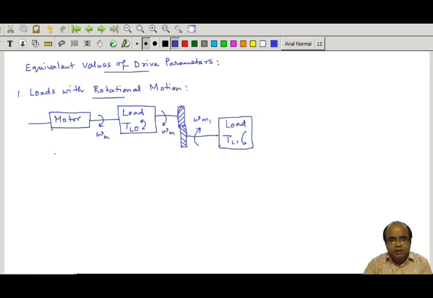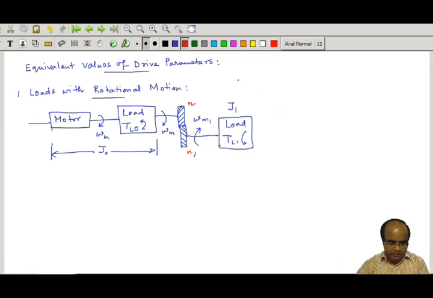Okay. Now say we are considering this inertia is J0 and the inertia of this load is, say, J1. And the gear ratio, say this is N, this is N1. These are the gear teeth.